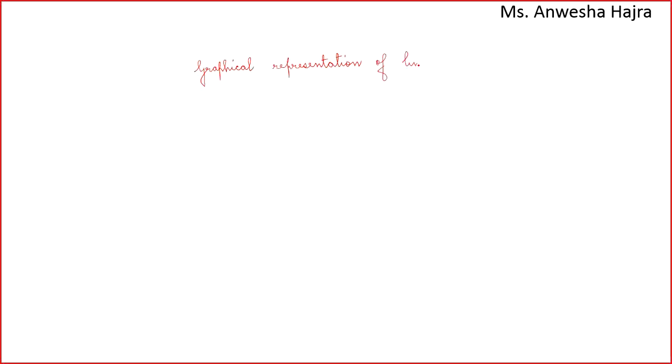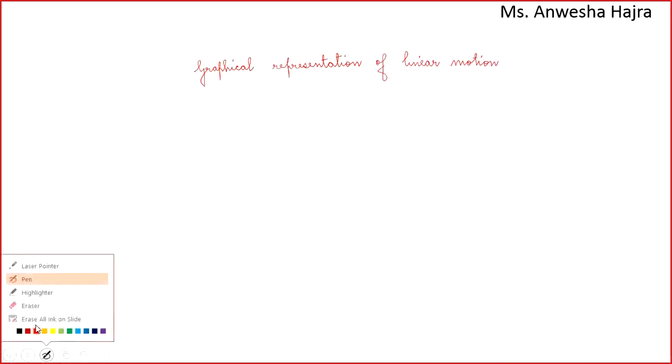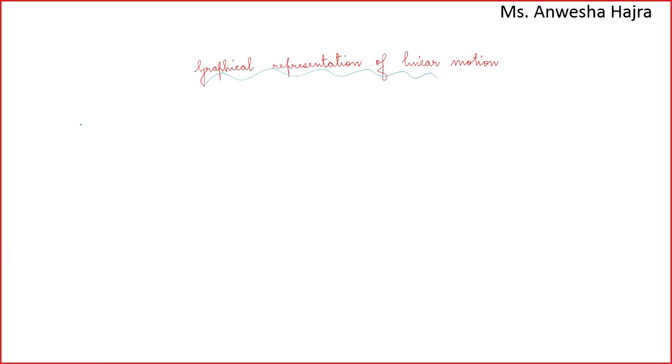In graphical representation of linear motion, we have to study three types of graph. Number one, displacement time graph.